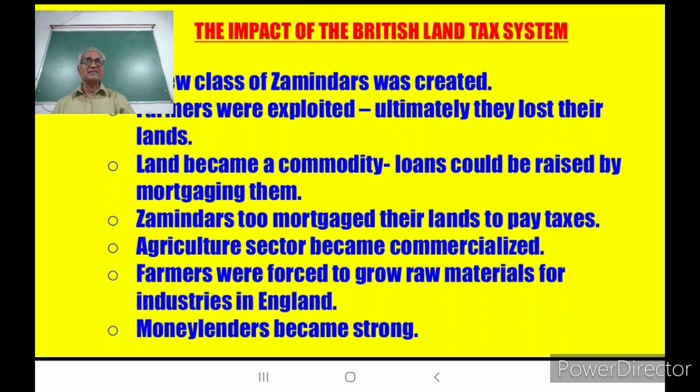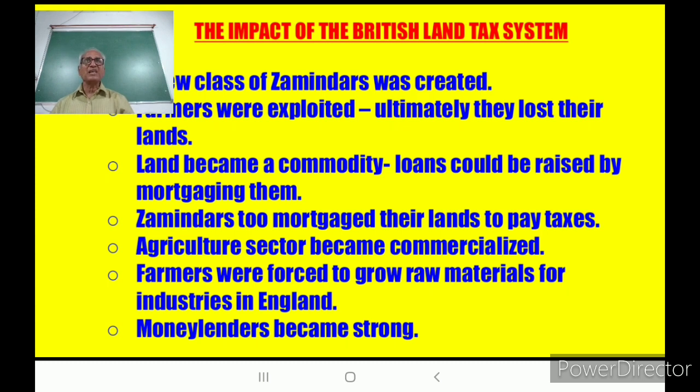So the agricultural sector became commercialized. Farmers had to grow the raw materials required by the industries in Britain, in Europe. So whatever subsistence farming that existed in India got nullified. Farmers used to grow food for themselves.